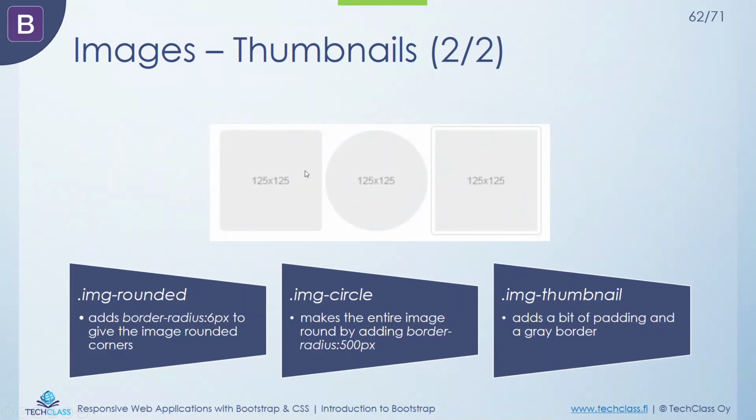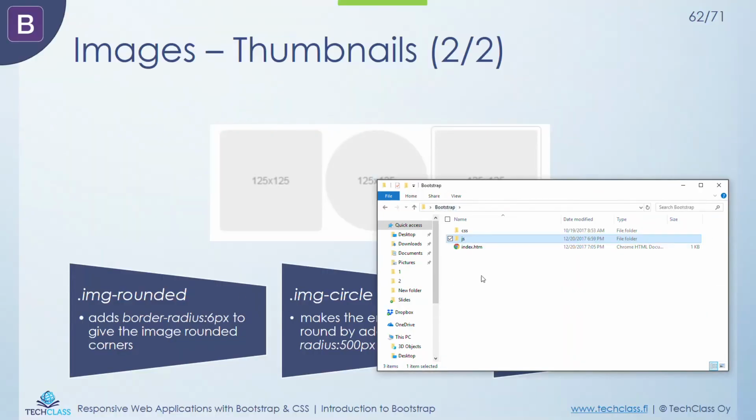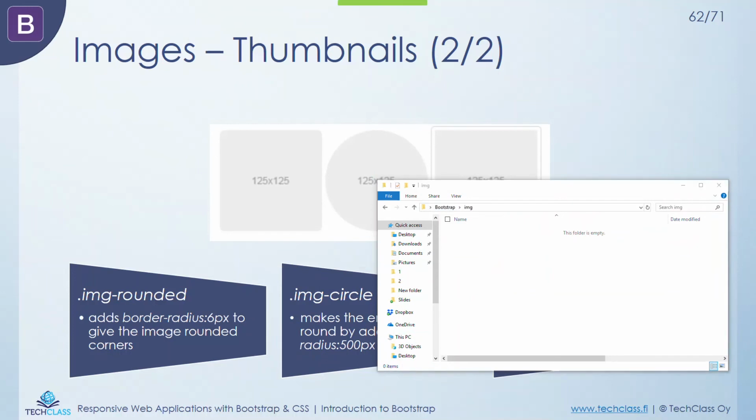So when you have an image and apply this class to it, it's going to look like this. Let's actually try. I'm going to create one folder, name it img, which stands for image, and now I'm going to find the image.